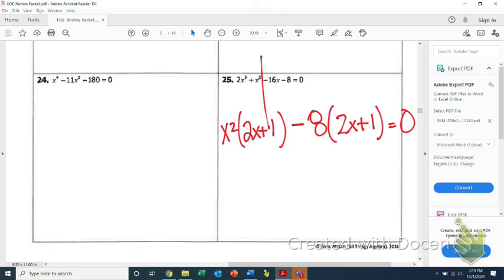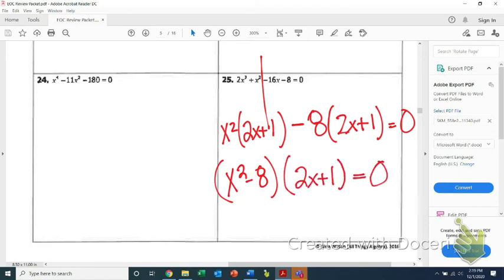It's our common factor. We write our common factor one time. X squared minus 8 is what we have left over. Common factor, 2x plus 1 equals 0. All right, we can solve those two equations. So I'll work them over here. X squared minus 8 equals 0. And 2x plus 1 equals 0.